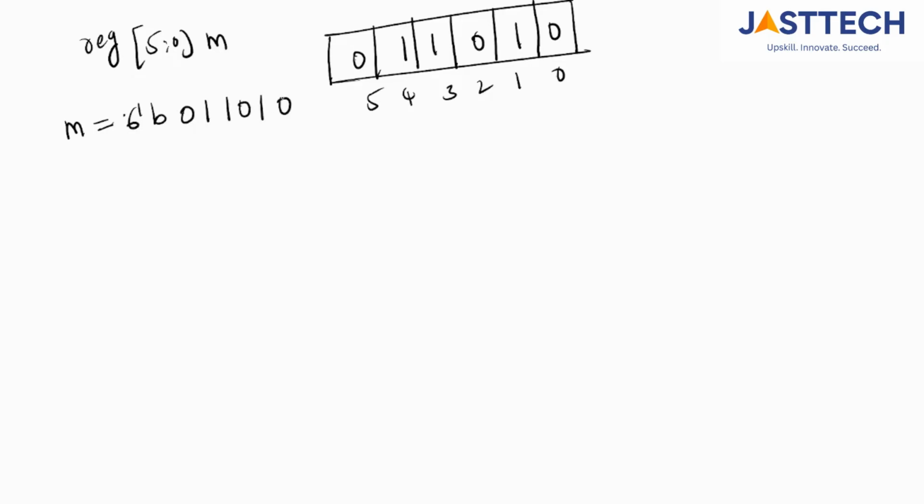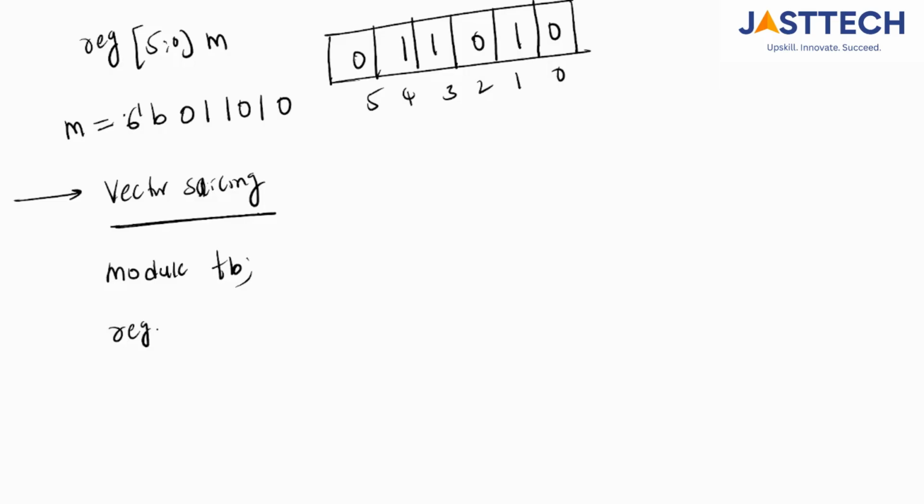Next is vector slicing. So what is vector slicing? Suppose I consider module TB.